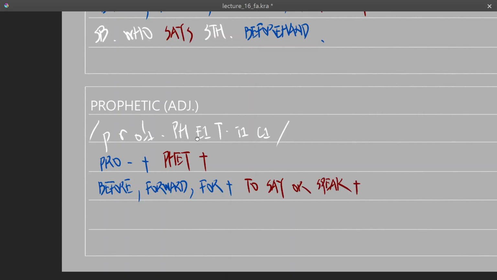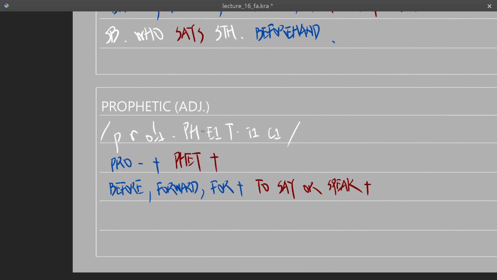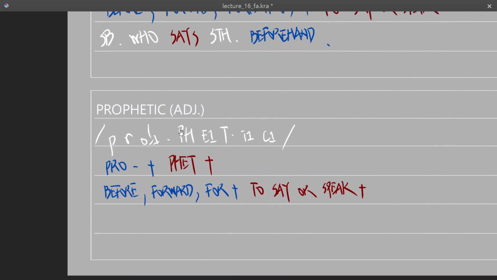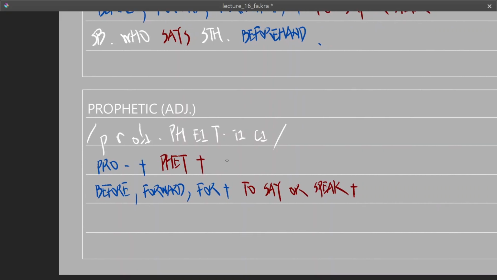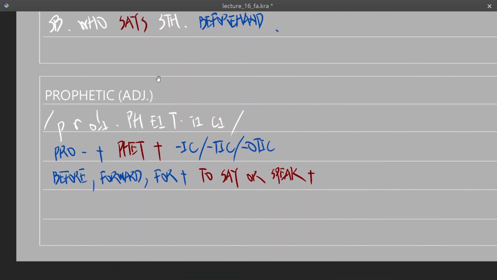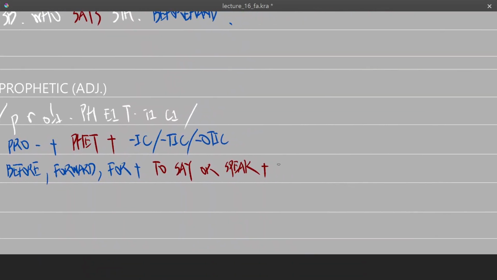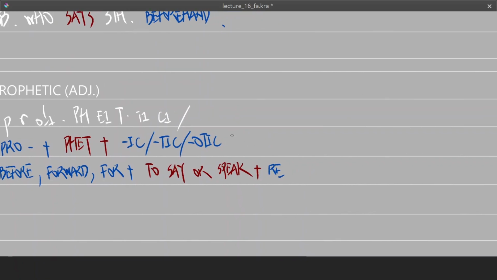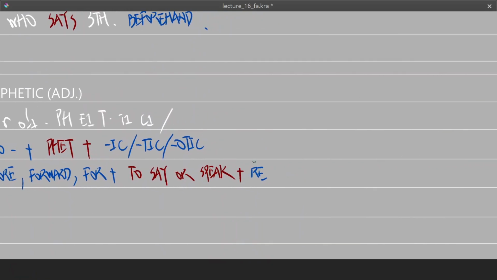And lastly, we have the adjective suffix ic, or its variants. Means relating to something. The common adjective suffix, relating to something.